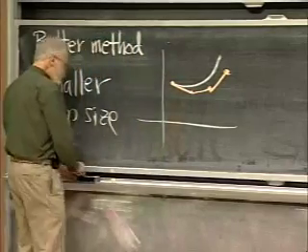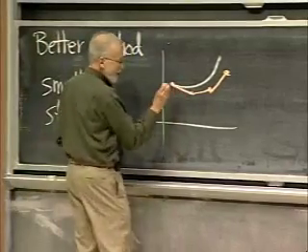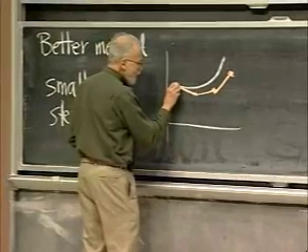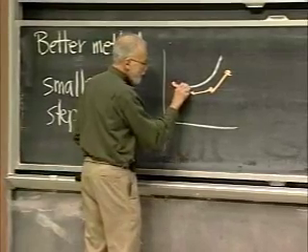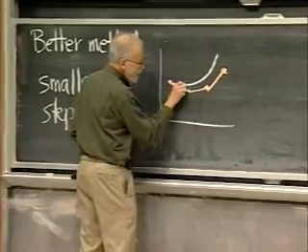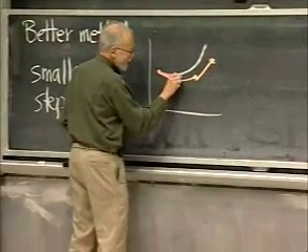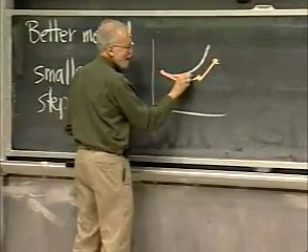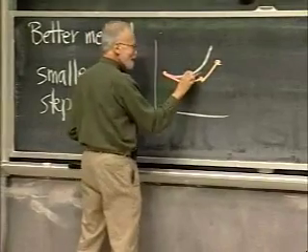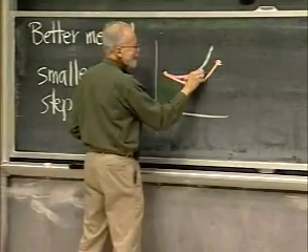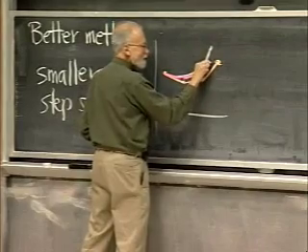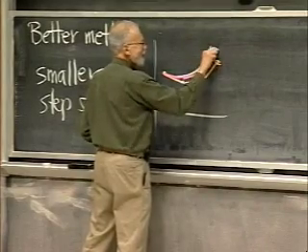Well, I better switch to a different color. If I halve the step size, I'll get a little closer. It goes like that, and now it's following closer. Of course, I'm stacking the deck, but see how close it follows?